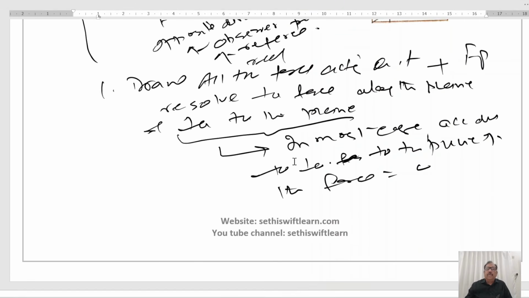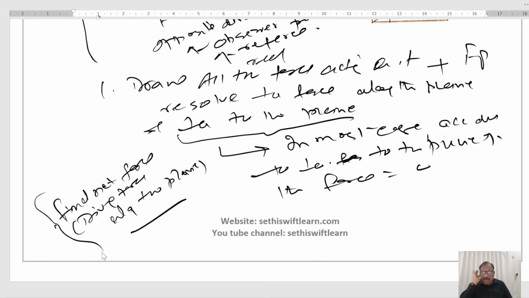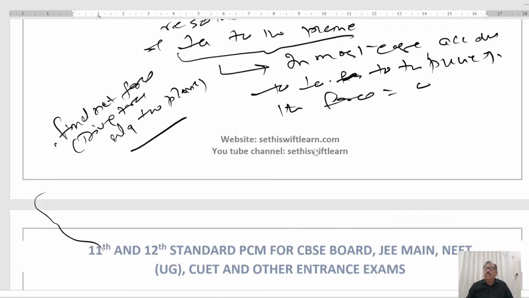Find net force, and find net force, that is driving force along the plane. This is all about how to find the solution of this one.